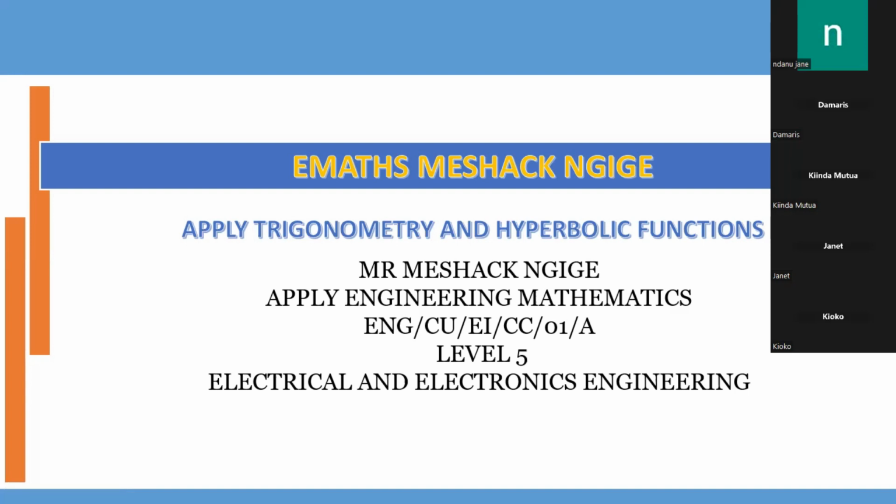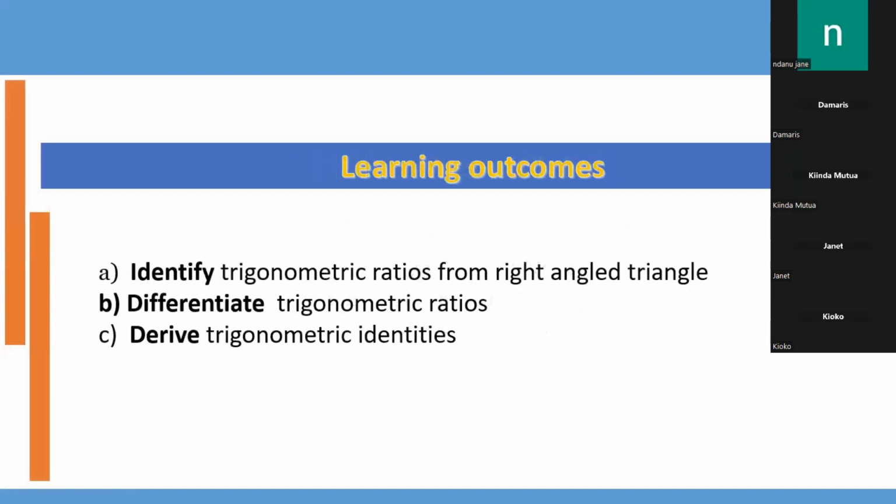So trigonometry basically means the study of the measurement of a three-sided figure. In this topic, we're going to look at the ratios and also the trigonometric identities.